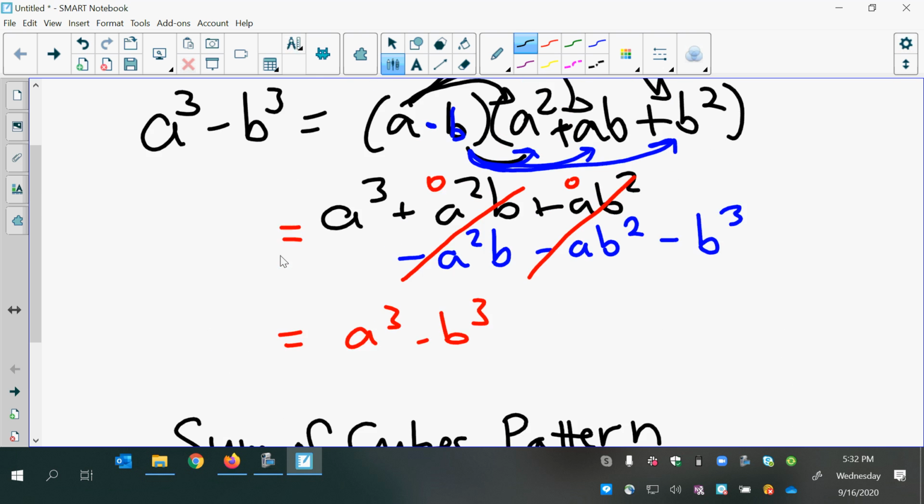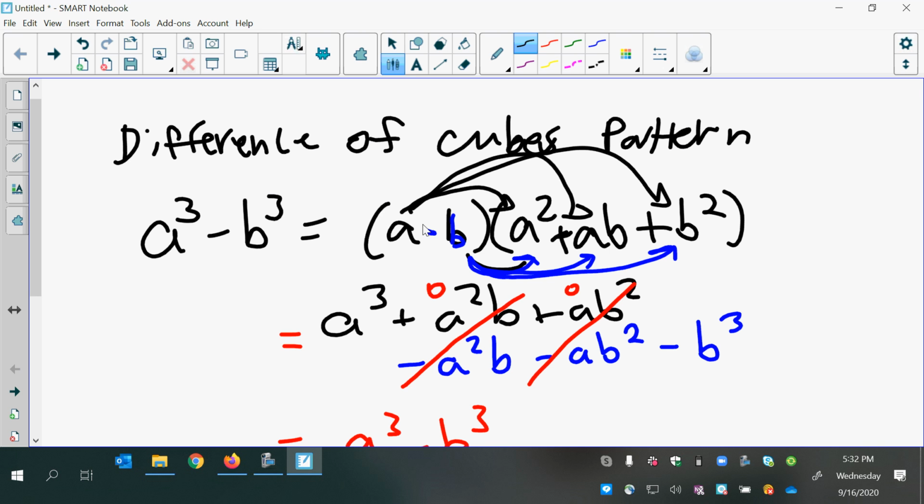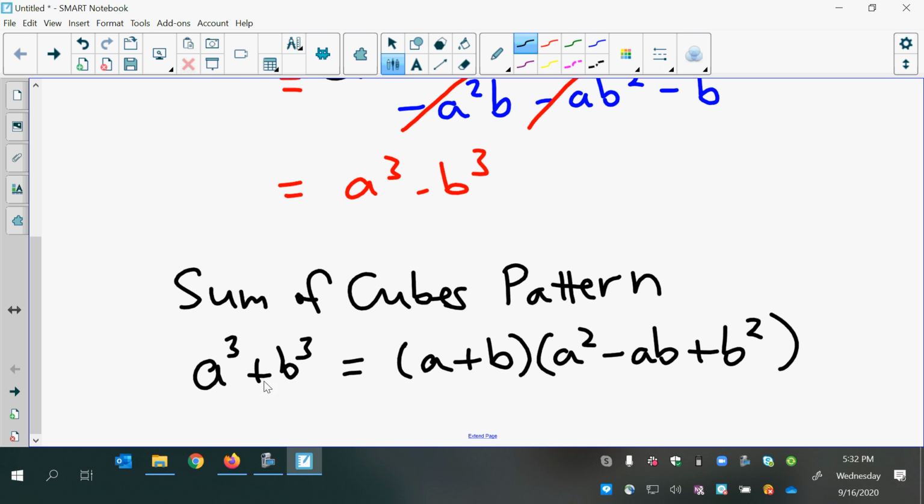Okay, so notice that when we did the difference of cubes, the first binomial had the same sign, and the two end terms, the one in the front and the one in the back, are always positive, but the one in the middle will be the opposite sign of what you see here. And that works here as well. Notice here we have the same sign with the plus sign there and here, and then the two positive ends and the negative middle term. All right, so that's what we're going to need to be able to do this problem.